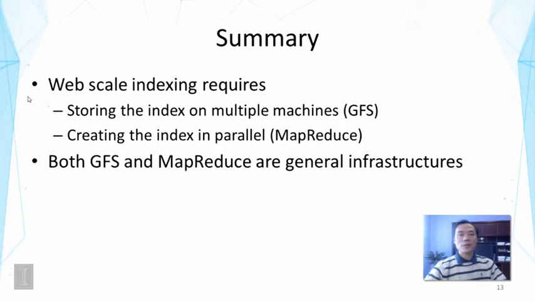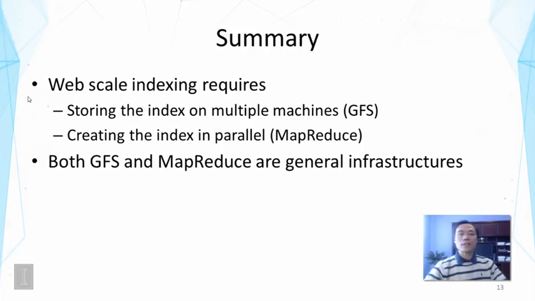So to summarize, web scale indexing requires some new techniques that go beyond the standard traditional indexing techniques. And mainly, we have to store the index on multiple machines, and this is usually done by using a file system like the Google File System, a distributed file system.